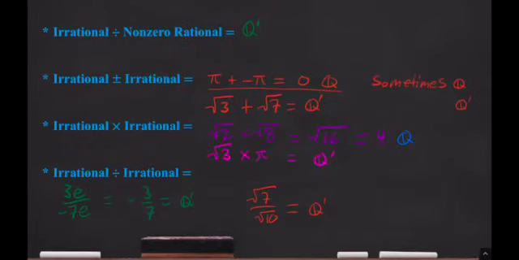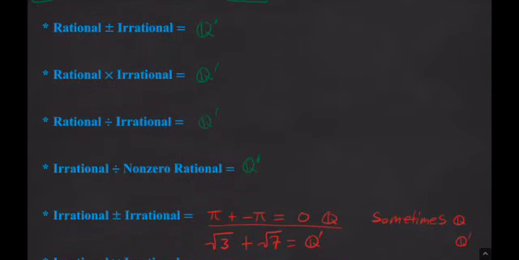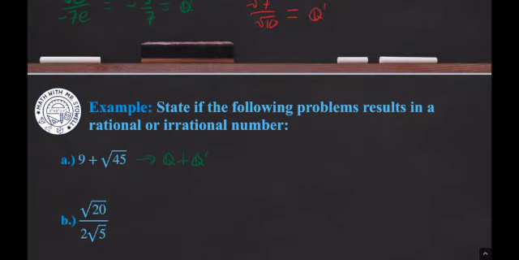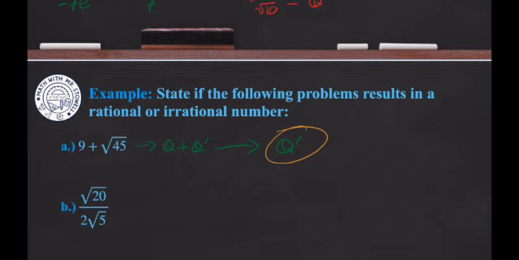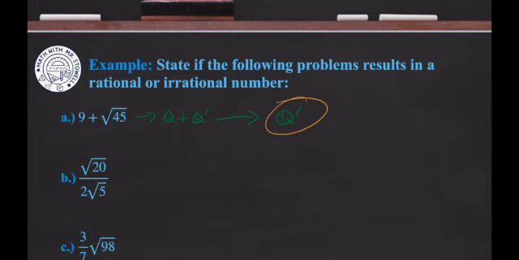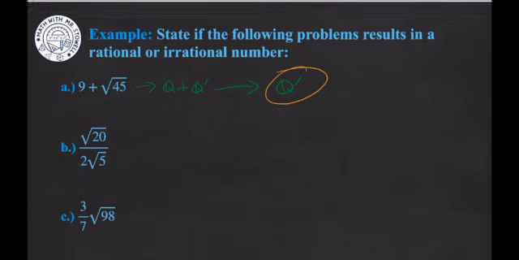Going back to what we had up here, a rational and an irrational number added together is always irrational. So we know instantly that this is going to give us a not rational number. Okay, that's part A. Just knowing the facts makes it so that you can answer these questions more simply.